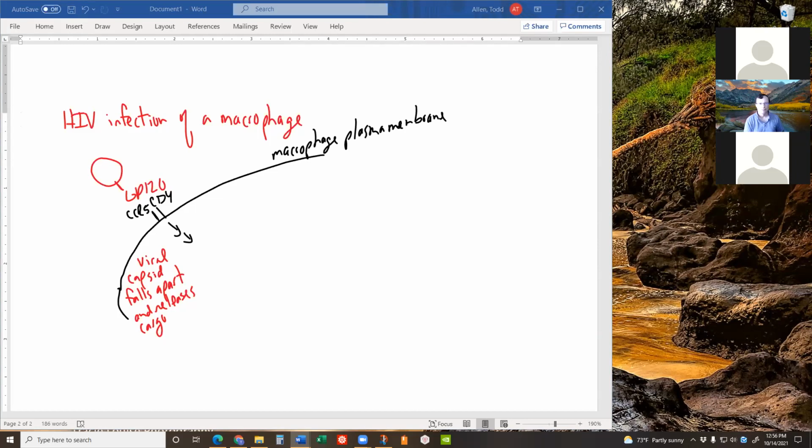Tell me the name of any molecule that HIV will deposit into the host cell cytoplasm. Go back in your notes, think about the animation we just showed you. Tell me the name of any molecule that HIV will deposit into the host cell cytoplasm.